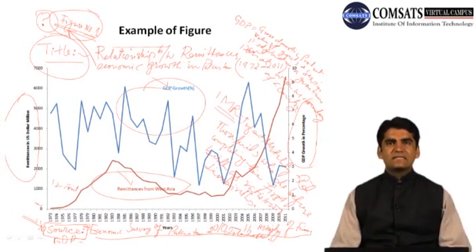This is one simple example of how you make your graphs and present them in your dissertation so that they are self-explanatory, easily understandable, clear and precise, and related to your analysis, your research questions and the objectives of the study you are conducting.